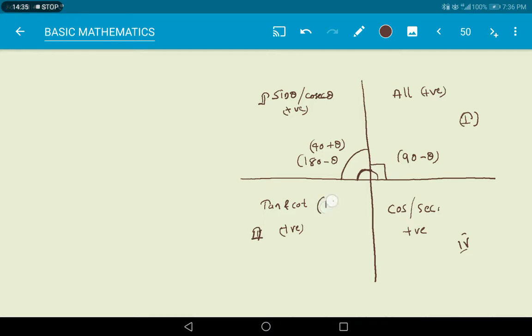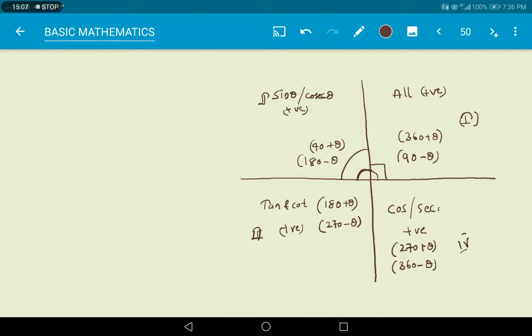In the third quadrant, 180 plus theta or 270 minus theta. In the fourth quadrant, 270 plus theta and 360 minus theta, and here 360 plus theta. That means after each one revolution the angle repeats. So for a certain function the values are repeating after each revolution.